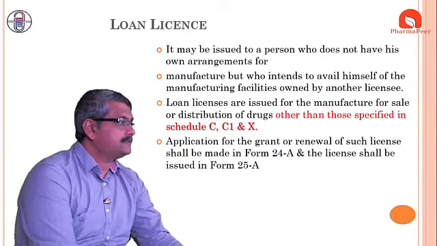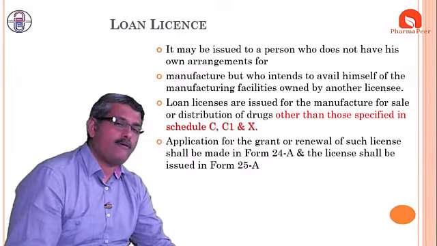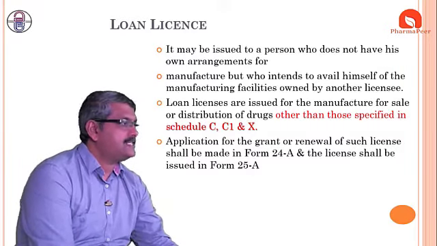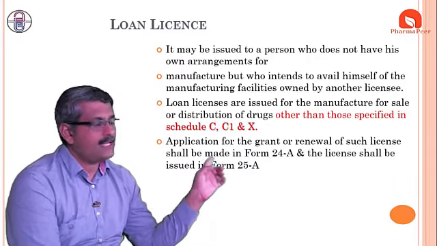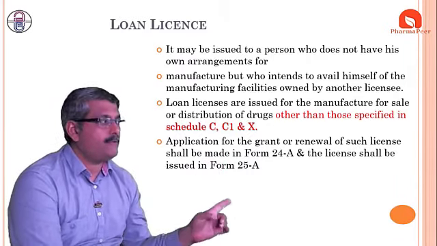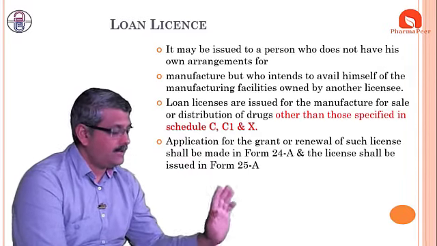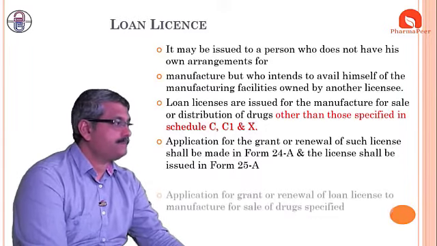The application for the grant or renewal of such licenses shall be made in form number 24A, and such licenses shall be issued in form number 25A. For repacking, it's 24B and 25B. For the loan license, it is 24A and 25A. That is a condition that we have to remember.